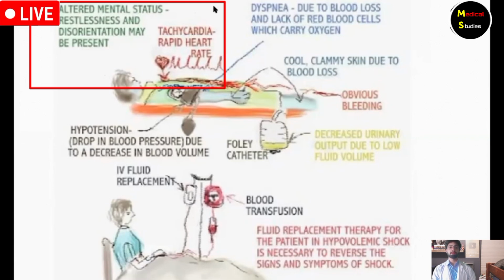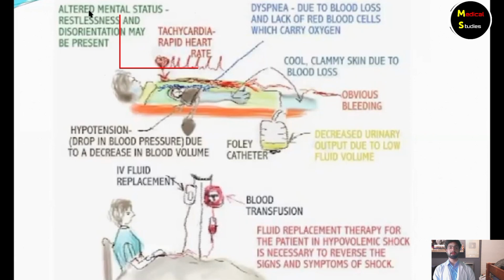Tachycardia is a very important feature of hypovolemia or hypovolemic shock. In the later stage of hypovolemic shock, there is hypotension. Each and every student should know the definition and meaning of hypotension. Now you all know that hypotension means decrease of your blood pressure, but what is the limit of it?